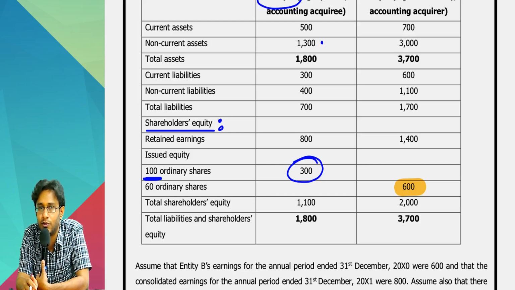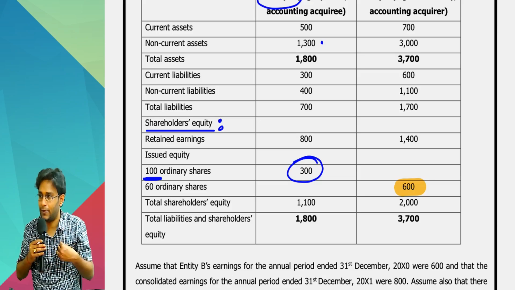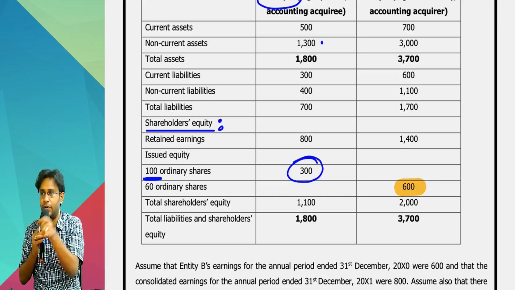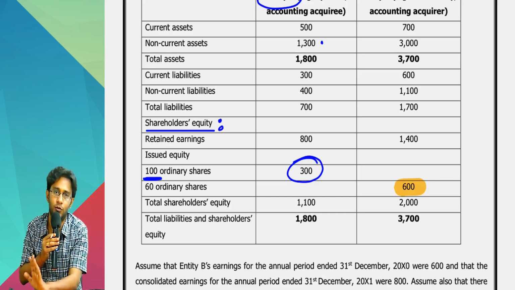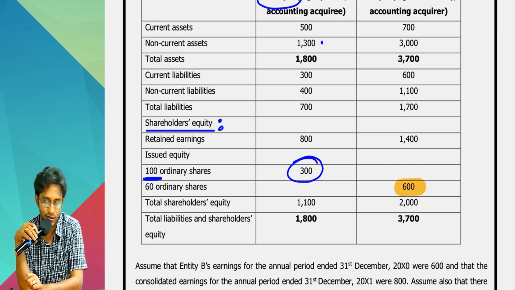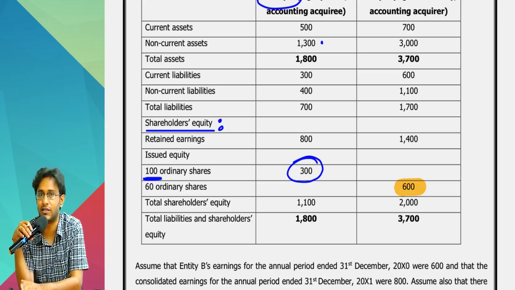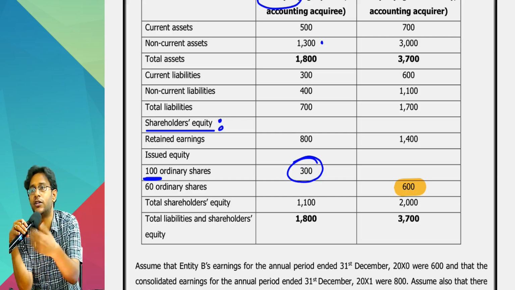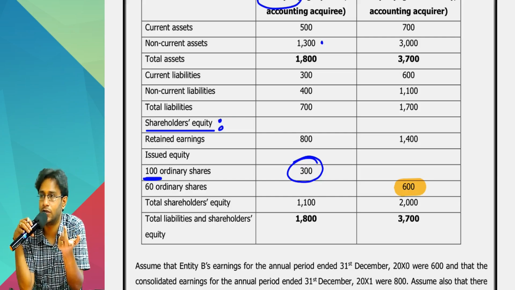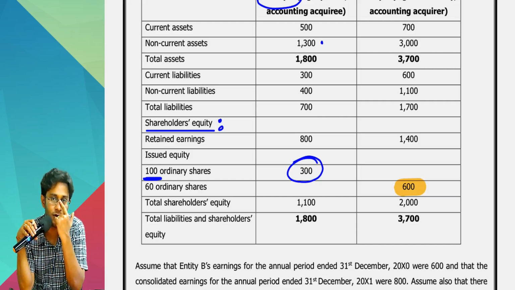Each share's value is how much? 40. 40 into 40 is 1600. 600 is my share capital, plus additional share capital issued along with premium is 1600. 600 plus 1600 is 2200. That is the explanation. Do you understand, sir? 600 rupees is my existing share capital of B plus the fair value of new shares issued, which is 1600. Total it is 2200. Ideally, that is the explanation.